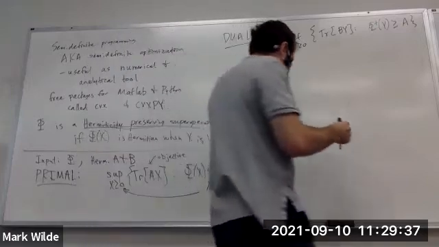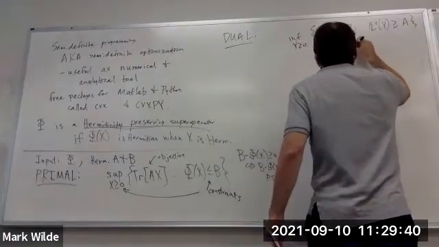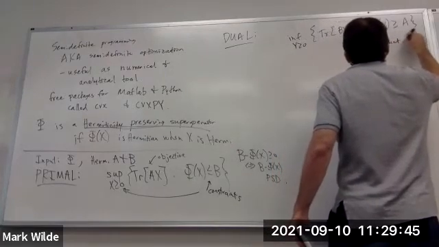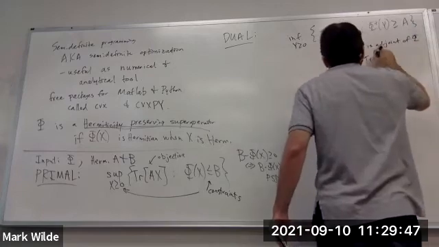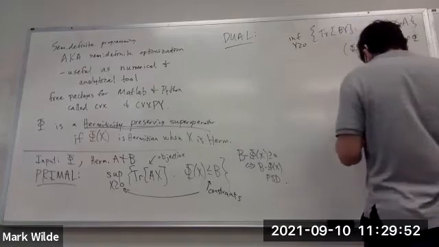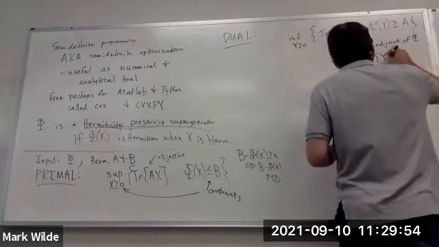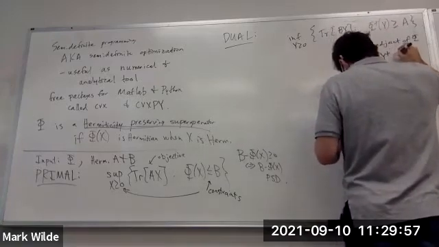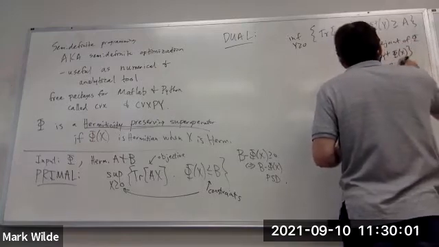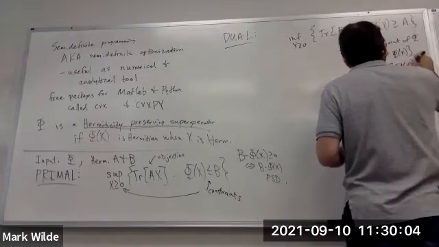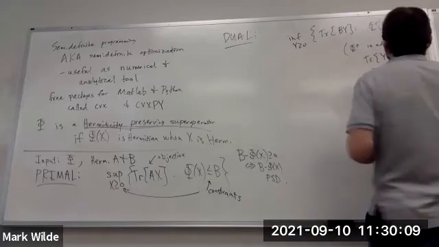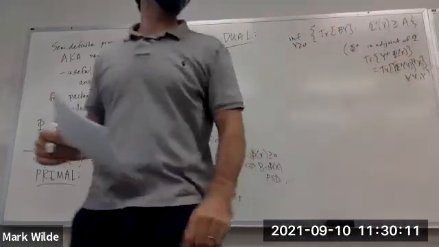Okay. Just to remind you, Φ dagger is the adjoint of Φ, and that satisfies this, if X and Y are operators. That was how we defined the adjoint of a superoperator.